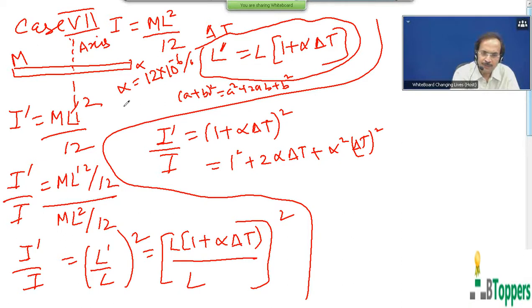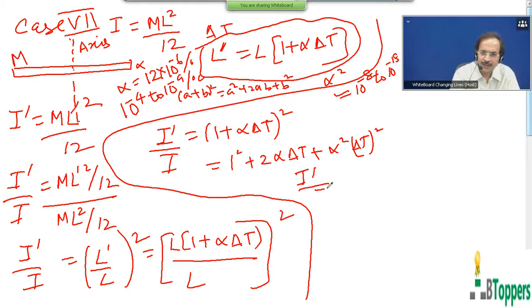The value of alpha for most metallic solids lies somewhere between 10 power minus 4 to 10 power minus 9 per unit. So alpha square will be of the order of 10 power minus 8 to 10 power minus 18, which is negligibly small compared to the other two terms.